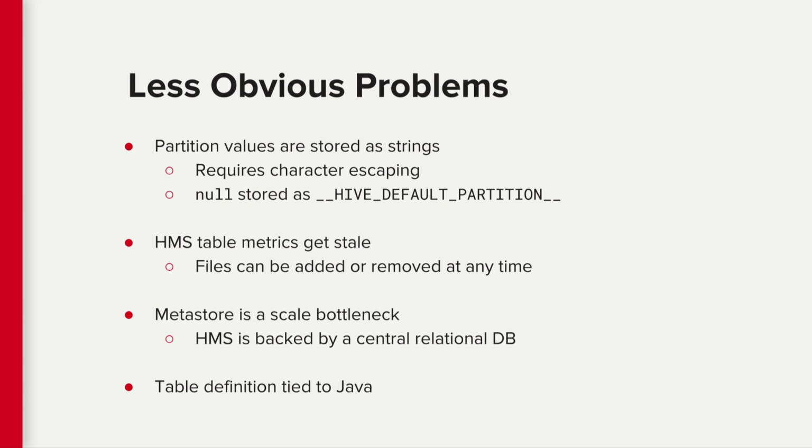Then there are more problems. I'm just going to pile on. So first of all, we take all of these columns that are partition columns, and we stick them all into a string, which means we have to care about escaping and character encoding. We also store null for some reason as __HIVE_DEFAULT_PARTITION__, which is super annoying because everyone implements these tables themselves.